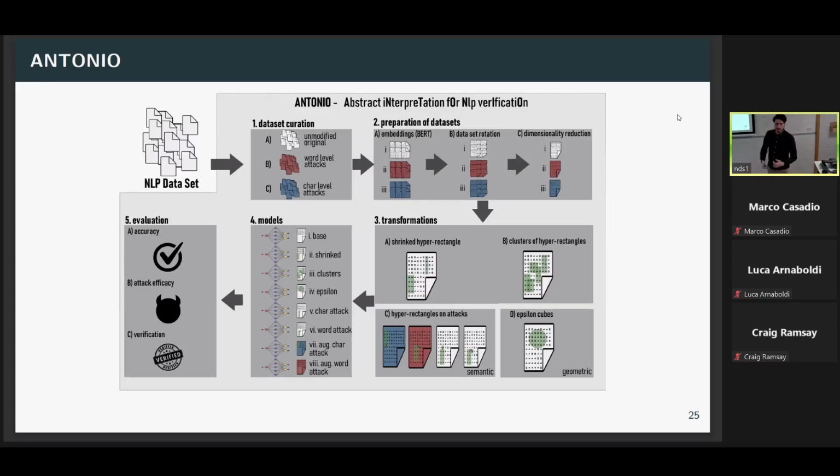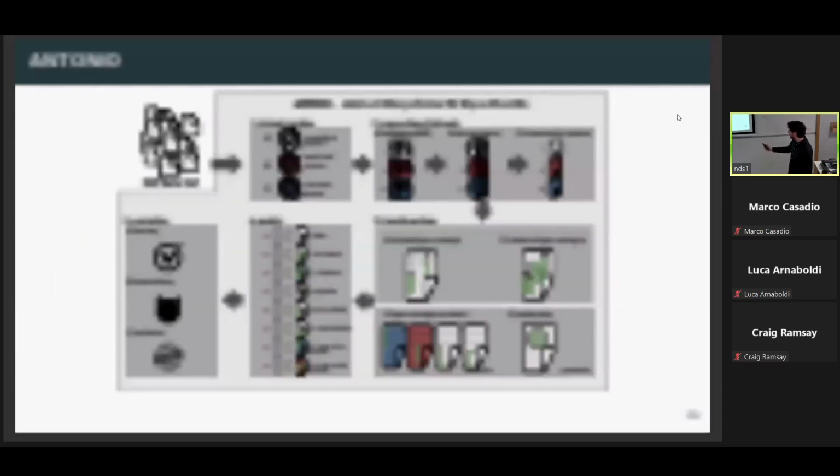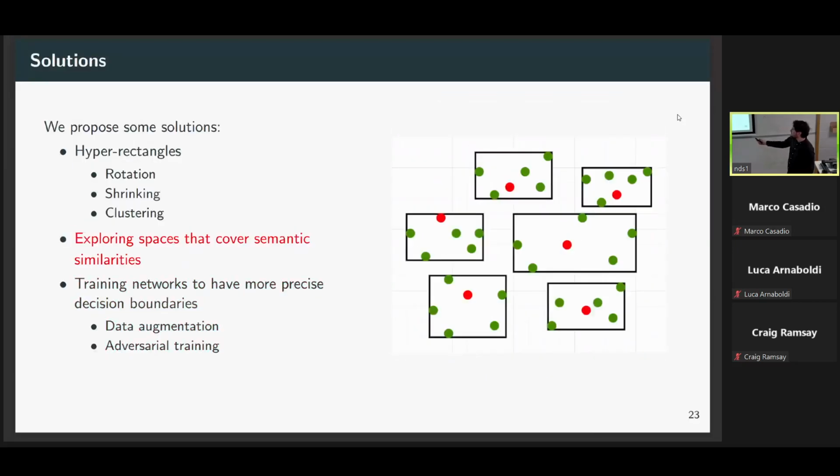However, if you really go and look at that, it's actually epsilon cubes because it's easier to calculate and work with. But it's the same thing. And then we also call it hyperrectangles on attacks. They are just, if we go back, this semantic hyperrectangle.